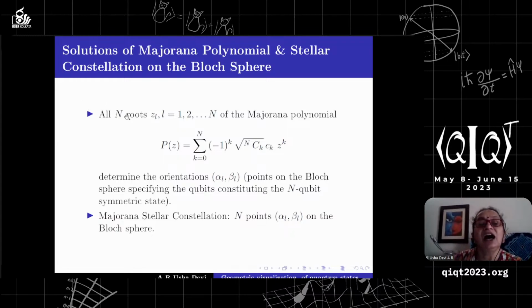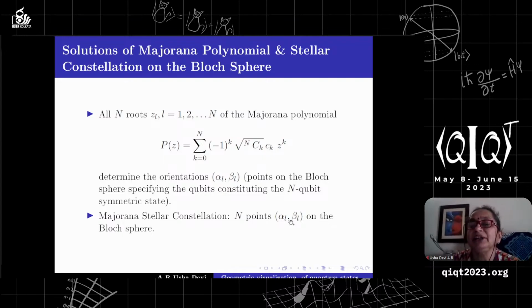If we take all n roots of the Majorana polynomial, they determine the orientation, or the points, on the Bloch sphere. Now, the Majorana stellar constellation is nothing but this: once you determine alpha L, beta L of your pure spin J state, then you know that it can be represented as an n qubit permutation symmetric state.